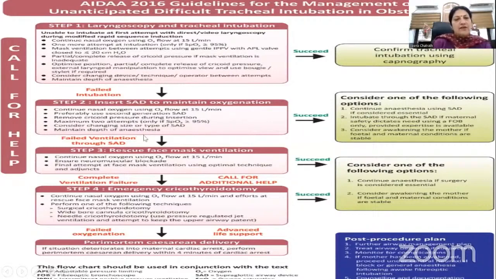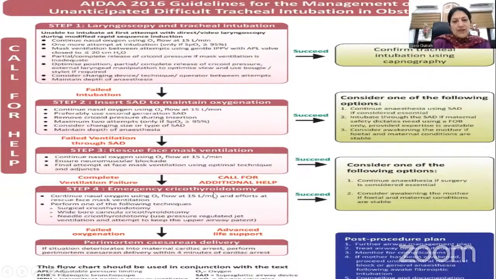But if we fail with the 2 attempts of supraglottic airway devices and there is failed ventilation, then we have to resume the face mask ventilation, but with continued nasal oxygen using oxygen flow at 15 liters per minute. If we are not able to ventilate with the face mask, then there is complete ventilation failure. We have to ask for additional help.